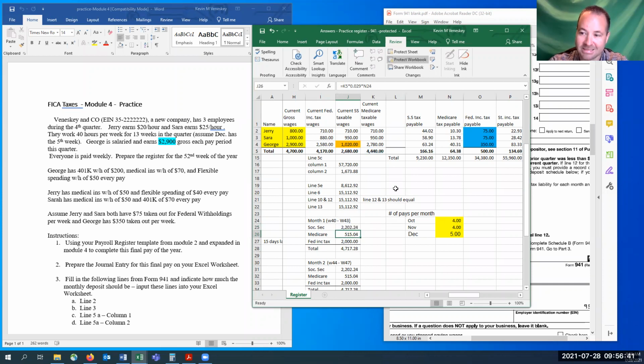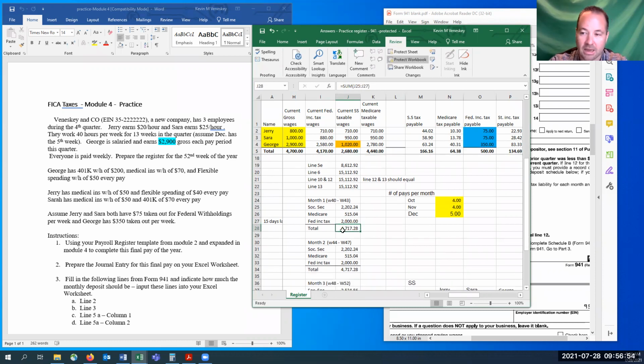Medicare, same formula except the percentages changed. And then federal income tax, taking your $500 times 4 weeks. And that's how much we should have paid after month 1.